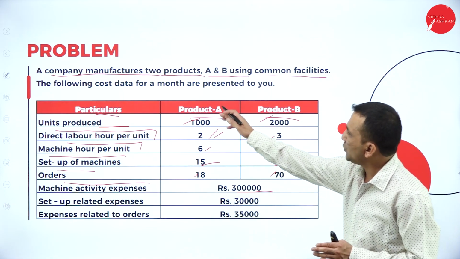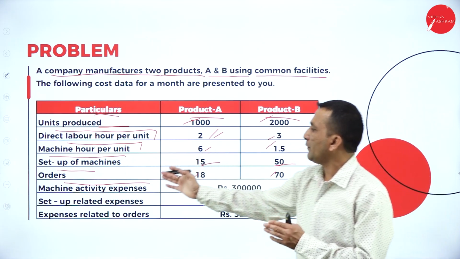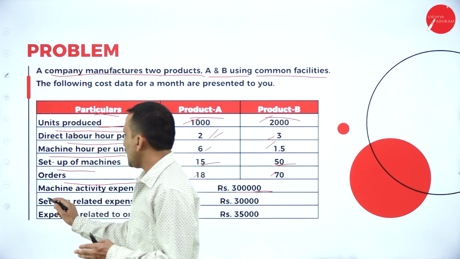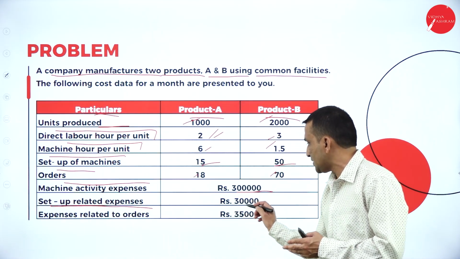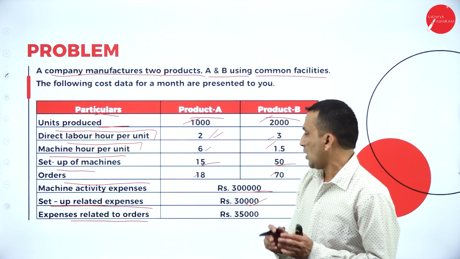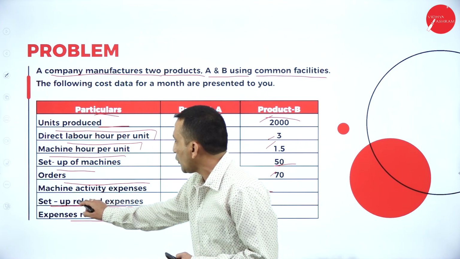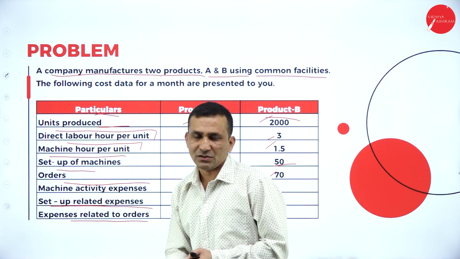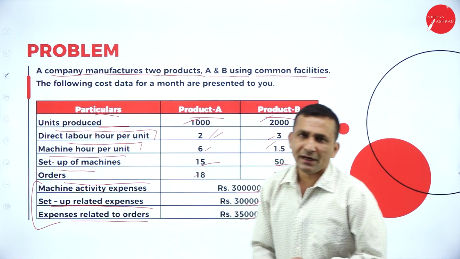We need to calculate based on product A and product B. The setup related expense is given as 30,000, and the expense related to orders is 35,000. Here there are the number of orders, the number of setups and the number of machine hours, so there are majorly 3 activities we identified here.